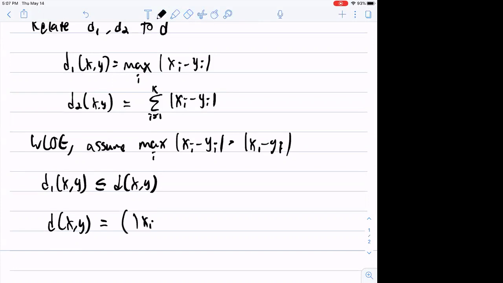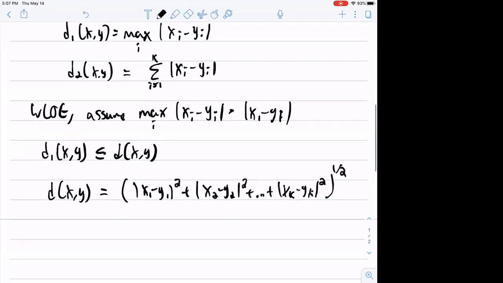So (x1 minus y1) squared plus (x2 minus y2) squared all the way to (xk minus yk) squared, and this is to the 1/2, right? And that's certainly bigger than or equal to if I just ignore this, as I'm adding fewer things, so my thing becomes smaller, right?